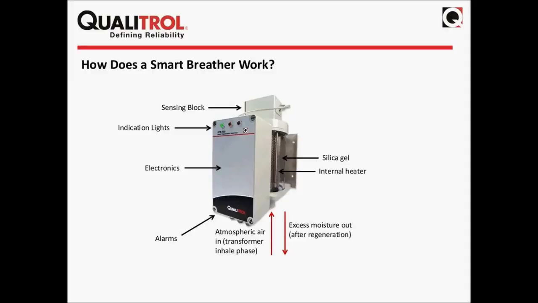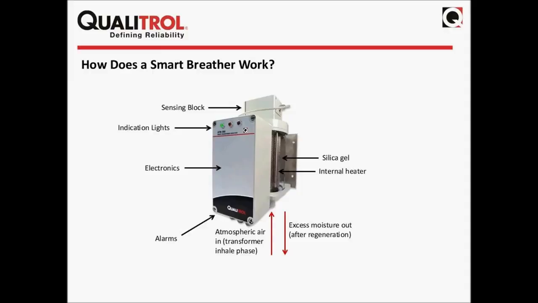It's going to condense the water, and the excess moisture is going to follow the other red arrow coming out after the regeneration. So all of the excess water will drain out the bottom of the unit. And again, there's no need to change the silica gel. It will dry the silica gel out, and it can be used multiple times.